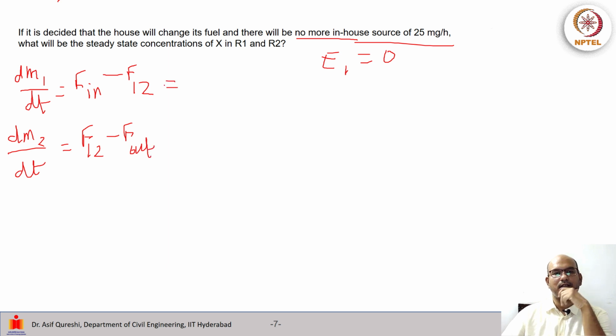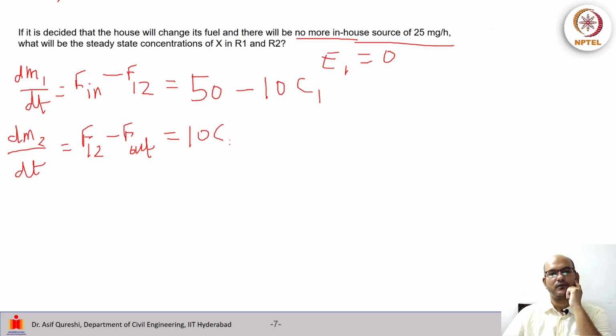So I will write this. F in is basically 50 milligrams per hour, and F12 is 10 times C1 minus 10 times C2. At steady state both are equal to 0.